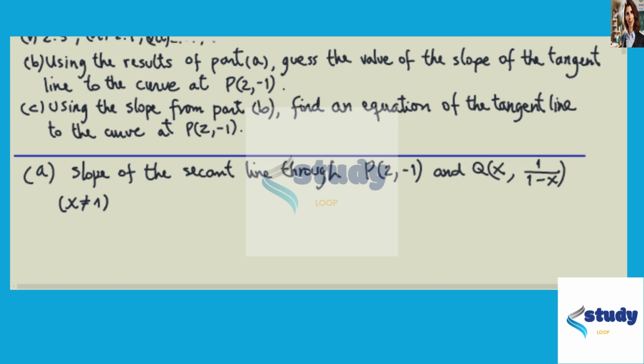So if we write that slope of that secant line, we get the following.